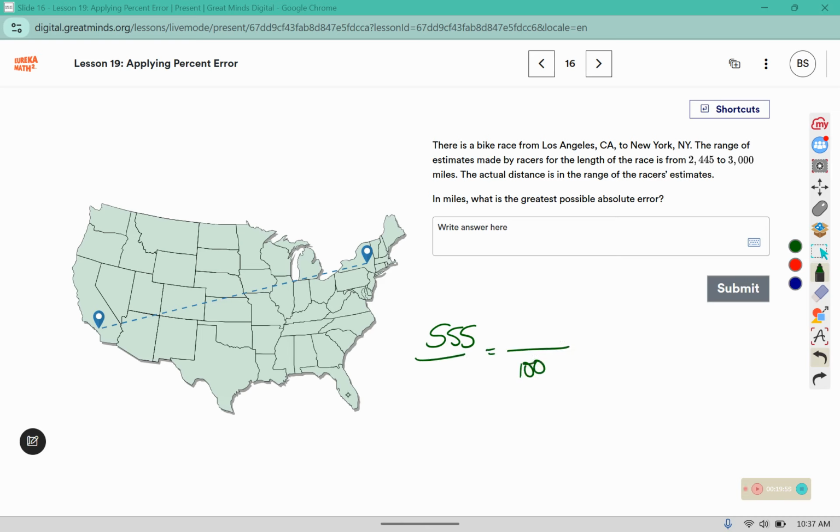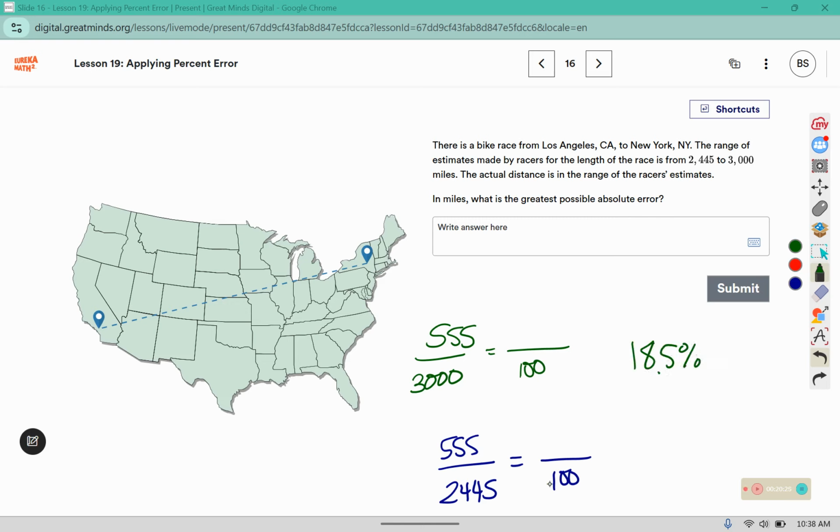Now our possible extremes, meaning like the lowest amount versus the highest amount, could be 3,000 or 2,445. We're looking for the greatest error here. So 555 times 100 divided by 3,000 is 18.5%.